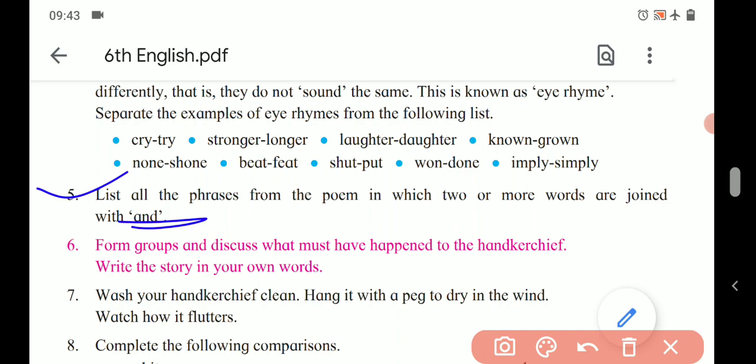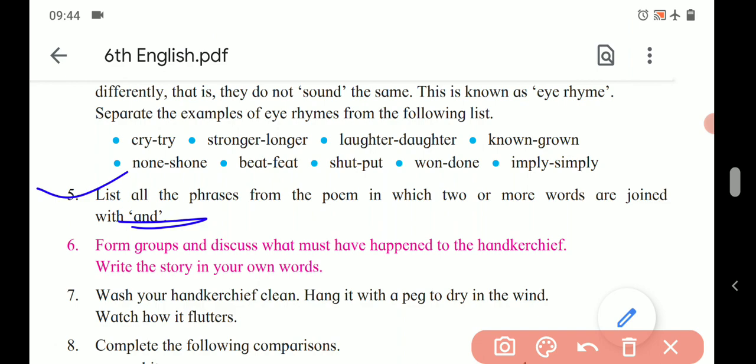So we have to write the examples from the poem. Here are those: hither and thither, to and fro, caper and prance, shiver and skip, pegs, sorry, yes, pegs and clothesline, flipping and flapping and flopping, right?